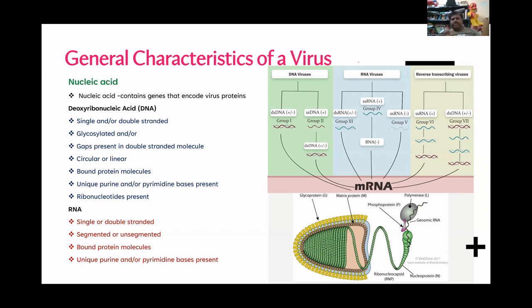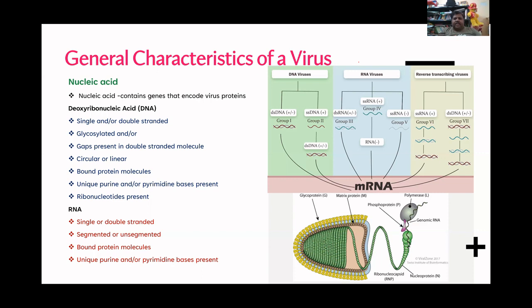When the virus particle infects a host cell, the virus releases its nucleic acid. Suppose the nucleic acid is an RNA, and it enters the host cell. If that RNA is immediately recognized by the ribosomes and encoded into a protein, such RNA, which is immediately translated, is called positive sense RNA.